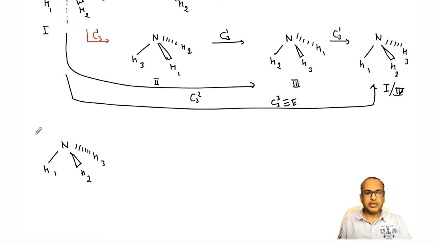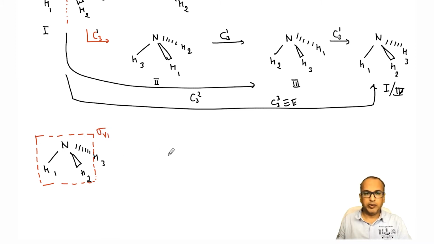There is a plane which contains the nitrogen and H1, and this will be bisecting the angle H2 N H3. I would draw this as the plane of the board and call it sigma V1.